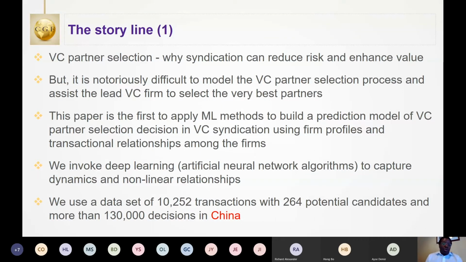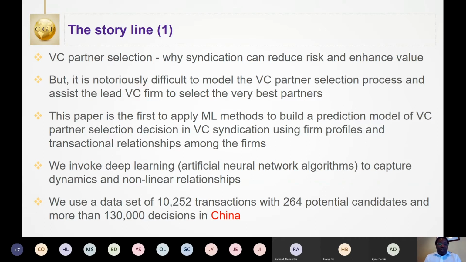The partner will also be trying to see whether this is the right lead that they have actually selected. But there are also the firms that are actually receiving this venture capital financing for their entrepreneurship. So you can see that there is a lot of dynamics here among the three major parties to this deal.